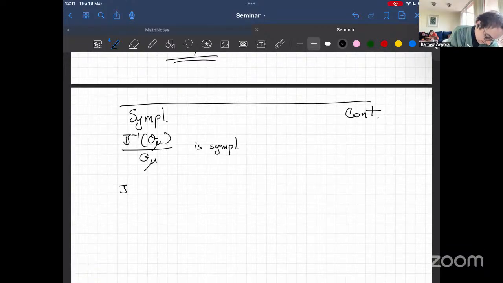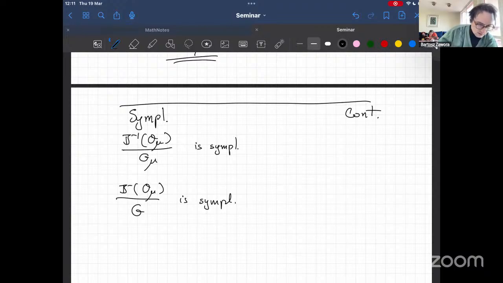One can also look for orbit reduction, which is O mu divided by G, which is also symplectic. But in this case, the symplectic form here is not only related with the initial symplectic structure, but it also is related with the symplectic structure on a coadjoint orbit.